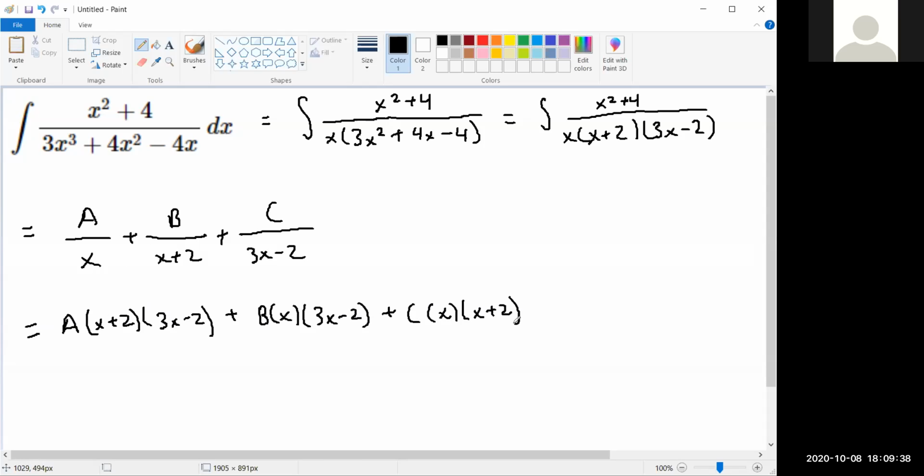This would be all over our common denominator, but we can skip that step and just go straight to setting it equal to our original numerator. So here's our equation, and our goal is to solve for A, B, and C.